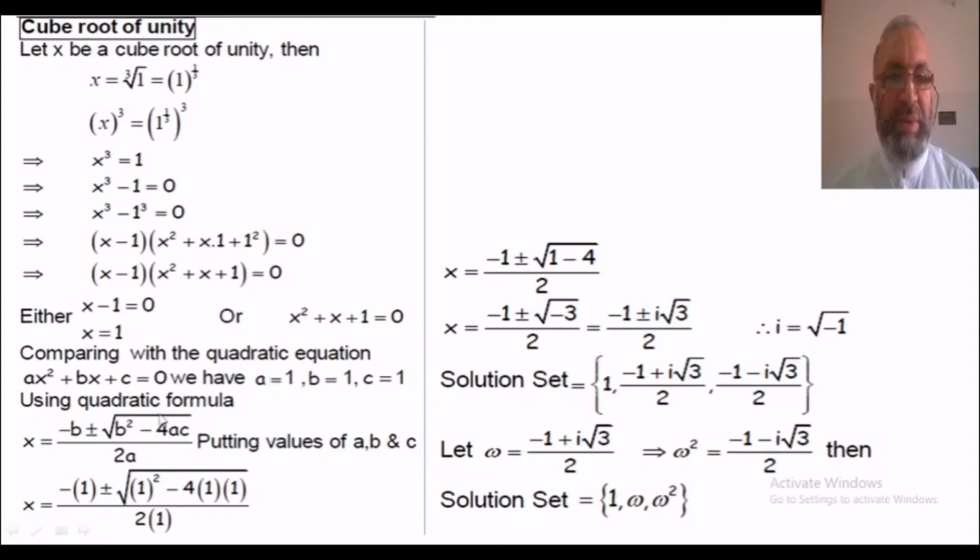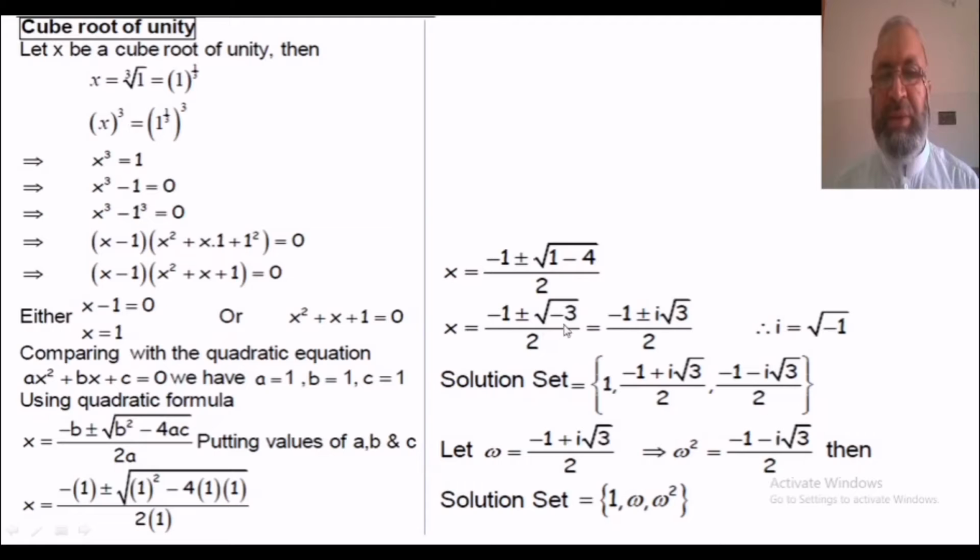Putting the values of a, b, c in the quadratic formula, we get x is equal to minus b, which is 1, plus minus the square root of b square, 1 square, minus 4 into a, which is 1, into c, which is 1, divided by 2a, 2 into 1. Simplifying, x is equal to minus 1 plus minus the square root of 1 minus 4, divided by 2, which is x equal to minus 1 plus minus the square root of minus 3, by 2.